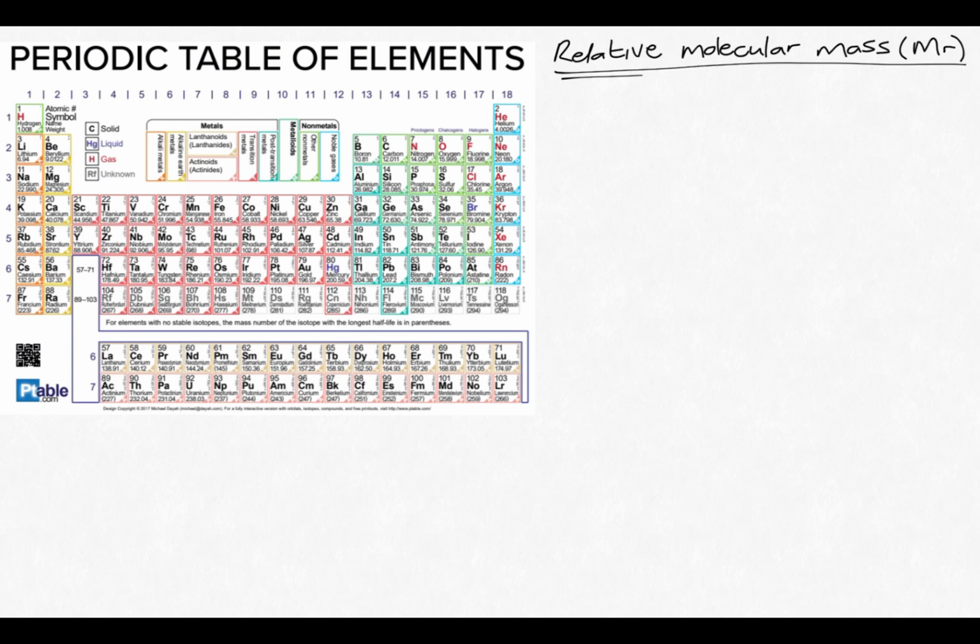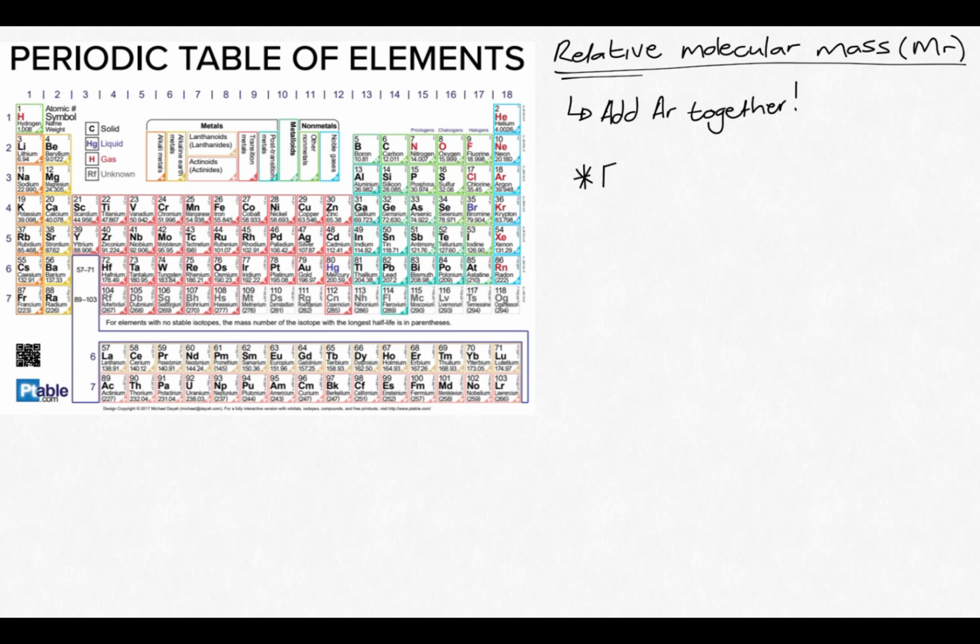Now, this is the ratio of the weighted average mass of a molecule of a molecular compound to the unified atomic mass unit. The molecular mass also has no units because it's a ratio and the units cancel out. We can calculate this by adding up the relative atomic masses of all the atoms present in one molecule.